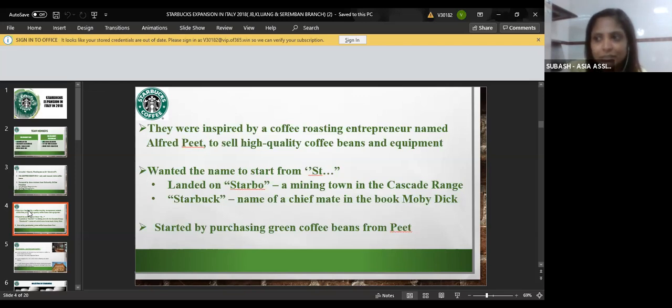All three brainstormed a list of words beginning with ST, which the writer Gordon Bowker thought was something powerful to start with, and eventually had an eye on Starbo, a mining town in the Cascade Range.